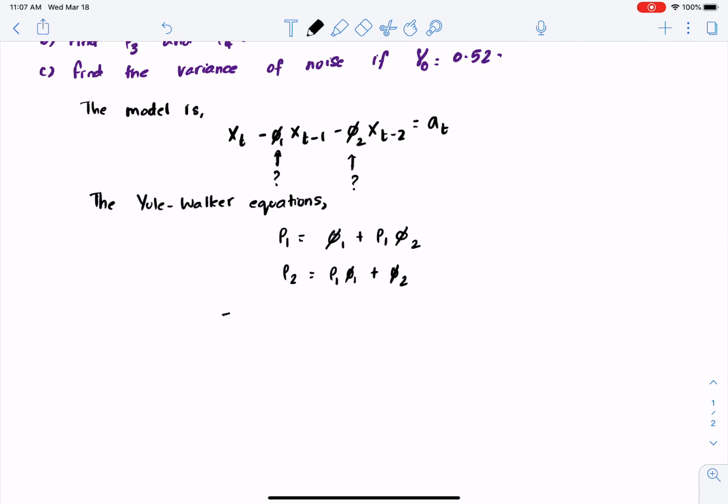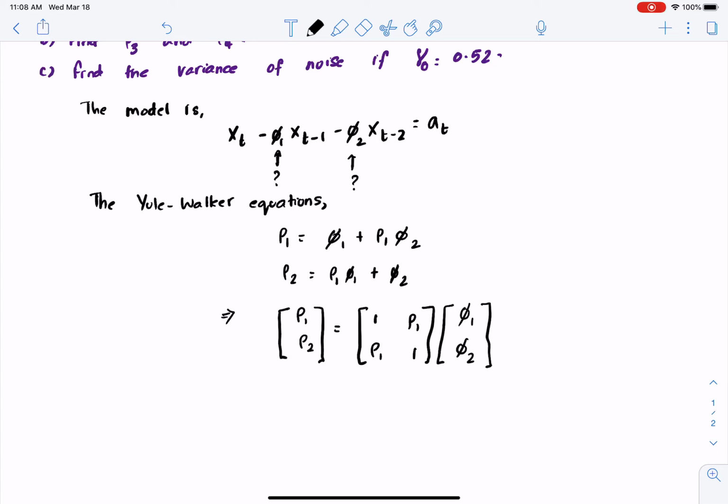And we can write this in matrix form as rho 1, rho 2 equals the matrix 1, rho 1, rho 1, 1 times phi1, phi2. So we could call that matrix P, that as G, and that as phi.